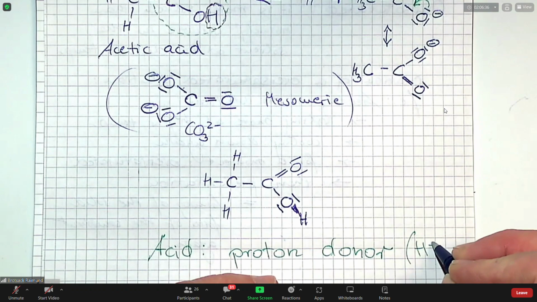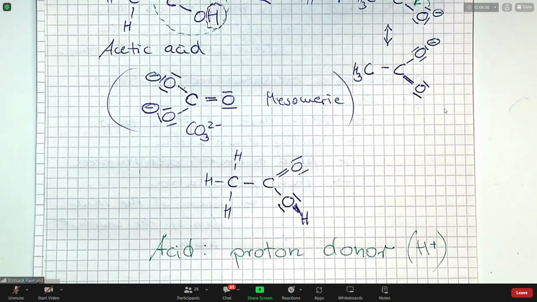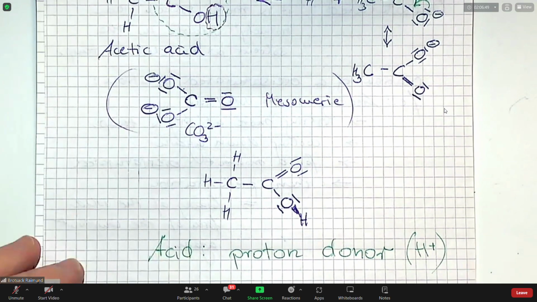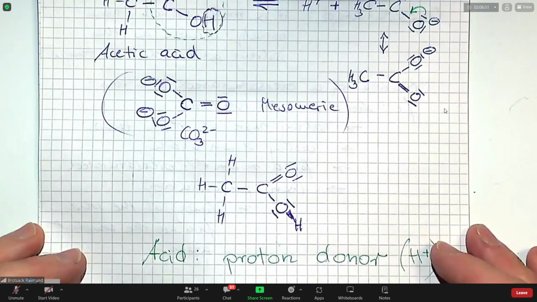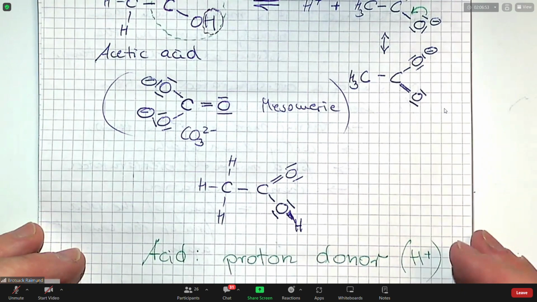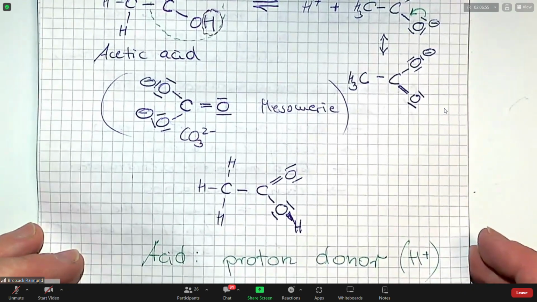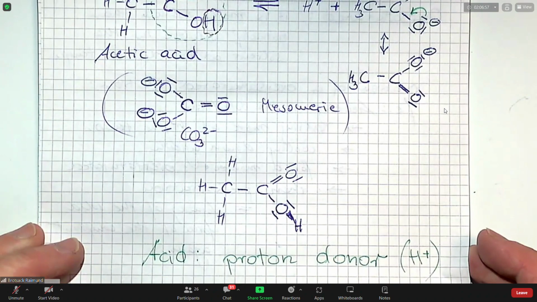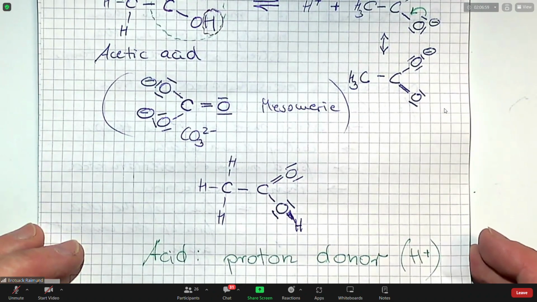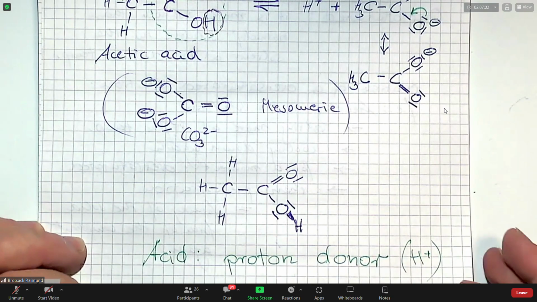A proton is an H plus cation. That is an acid. And this is an organic acid, and the other ones were mineral acids: hydrochloric, sulfuric, phosphoric acid.